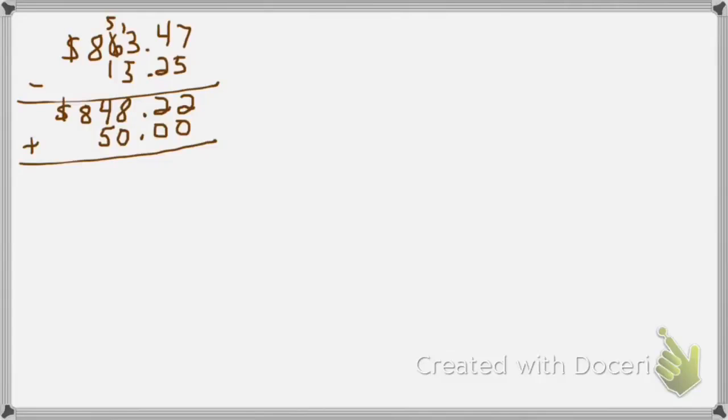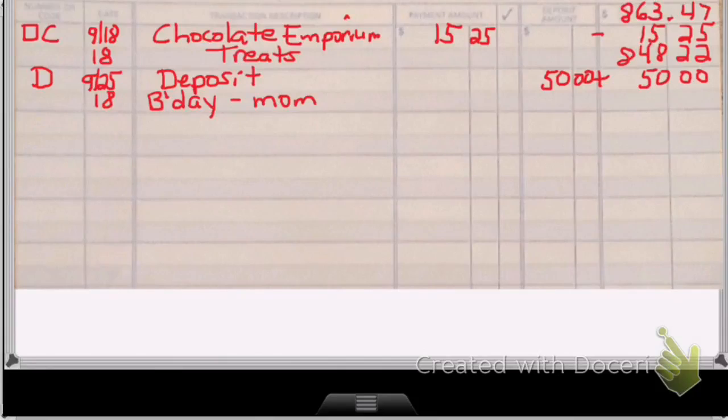I'm adding the deposit, and 2 plus 0 is 2, 2 plus 0 is 2. Bring down my decimal. 8 plus 0 is 8, 4 plus 5 is 9, 8 plus nothing is 8, and bring down my $ sign. So my new balance is $898.22. So I transfer that to the gray box, $898.22, again lining up all of my number columns.